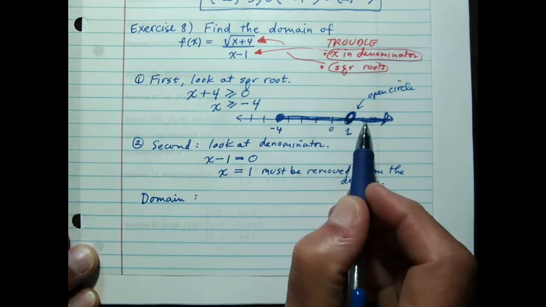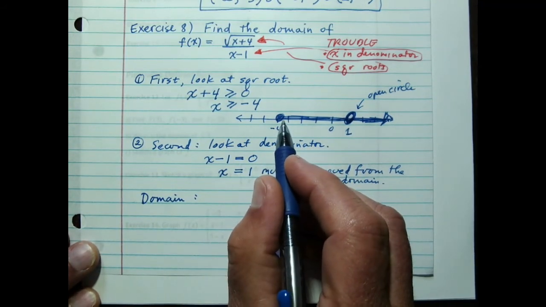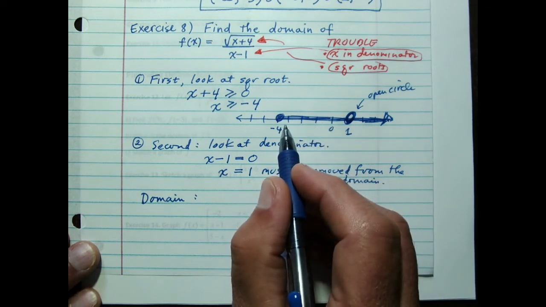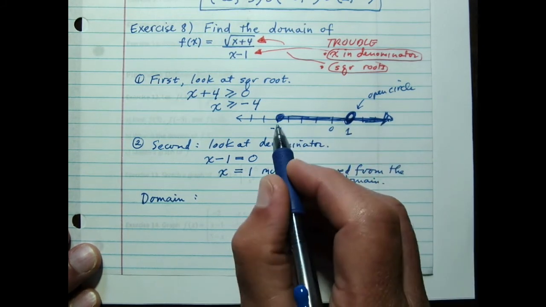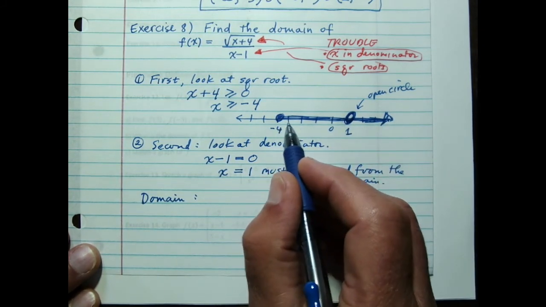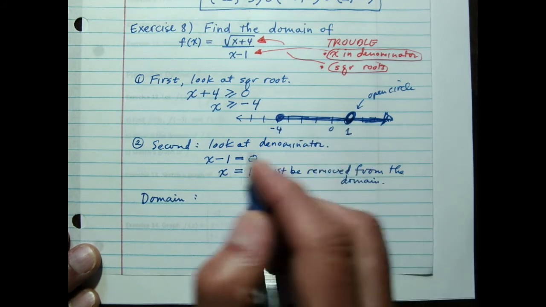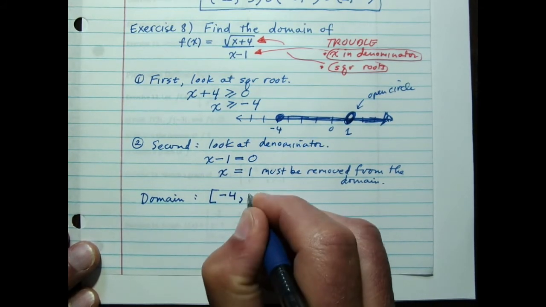I have two pieces, right? And here it's much easier to just, I wouldn't try to state this in words, I would just use interval notation. This is where interval notation is really handy. But I have to use two pieces of interval notation because I start at -4 and move to the right and there's a hole. So the piece before the hole is square bracket -4 comma 1.